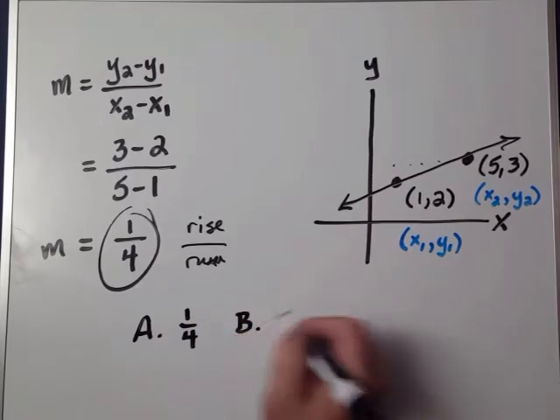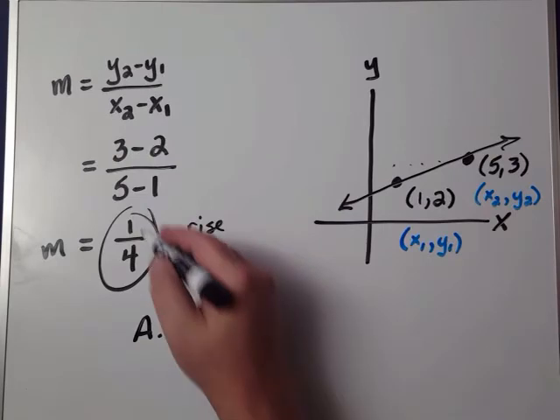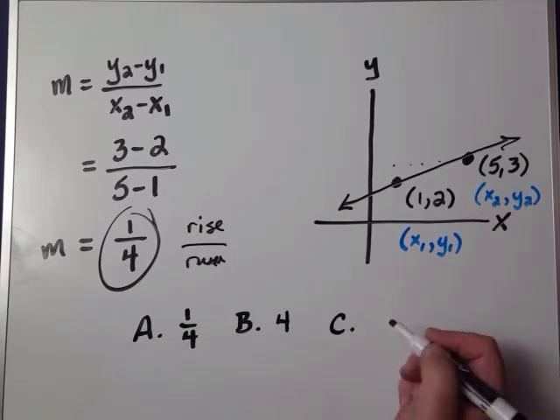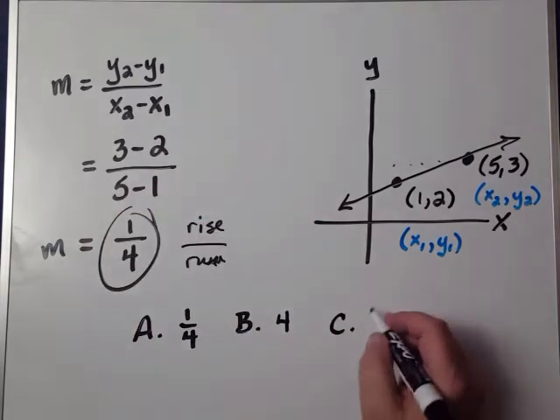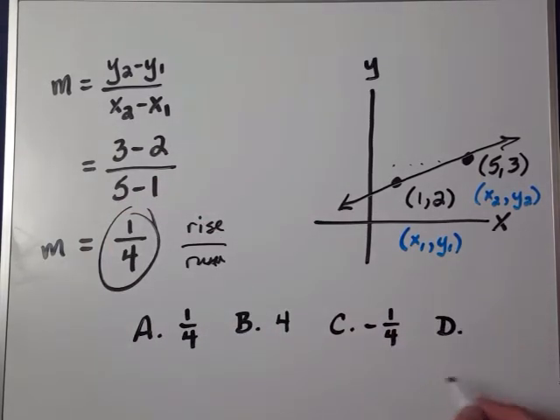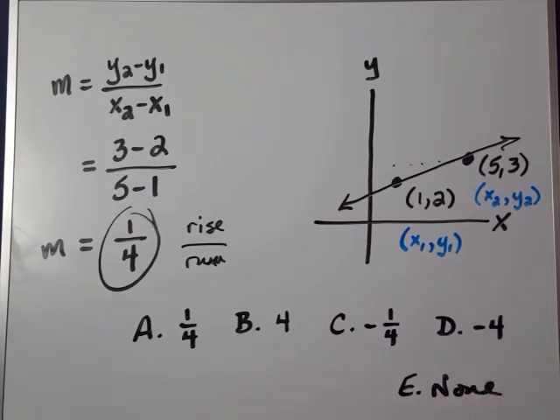There's the right answer. Someone is going to put the x's on top and get what? 4 over 1 or positive 4. Someone's going to swap one of those differences and get the opposite of what they should have. Someone's going to make both mistakes. And then, of course, E could be none of these. So these make good multiple choice items.